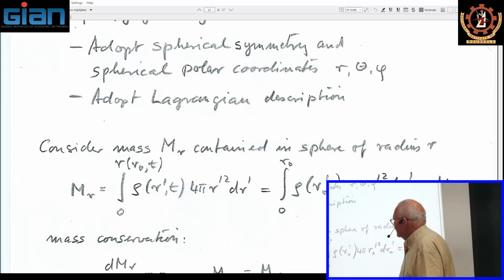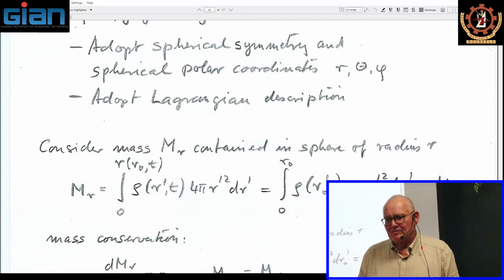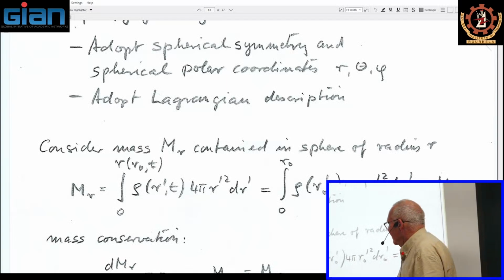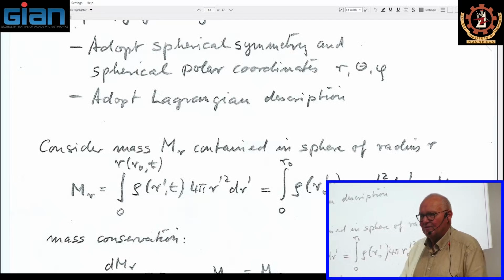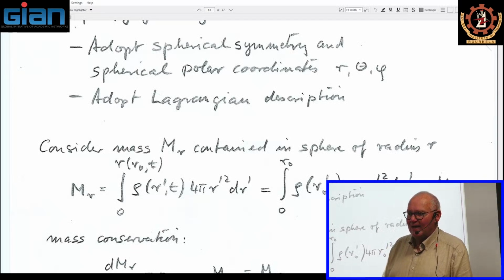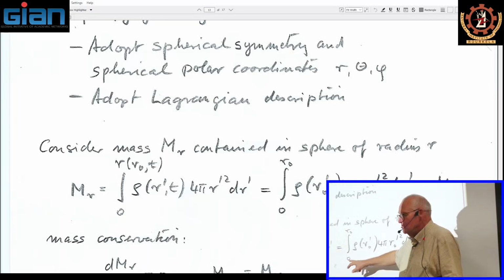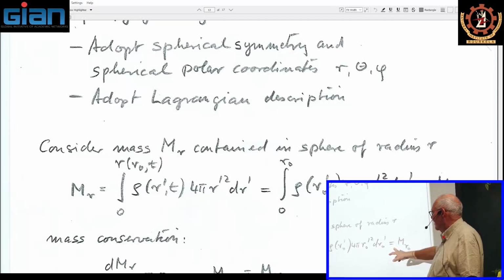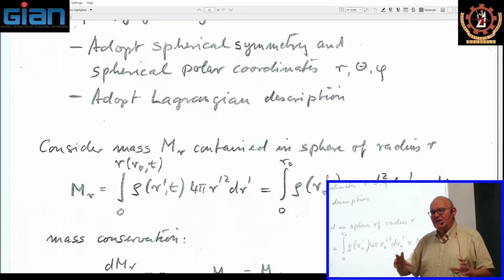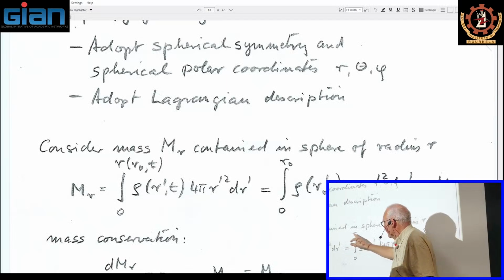Since we have mass conservation, this should be the same mass which is contained in the sphere of radius r0, because there is no way to lose mass once the radius of our mass element changes. So this should be exactly the same mass obtained by integrating rho times 4 pi r squared dr in the initial position. What we change is simply the radius from r0 to r.